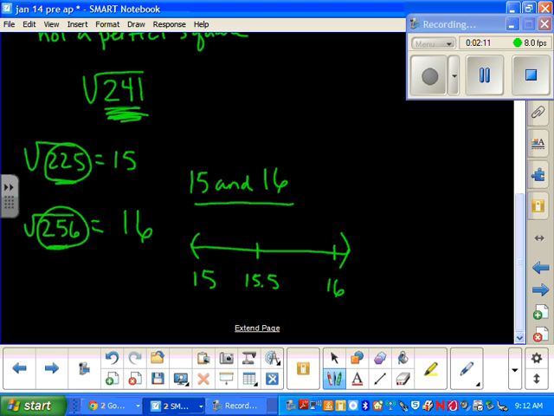I think it's closer to 256, so it's going to be closer to 16. So my answer has to be bigger than 15.5. If I was going to estimate this, I could say 15.6, 15.7, 15.8. Probably wouldn't do 15.9, but it would still be considered correct. If you're looking for a multiple choice answer, just remember that it had to be bigger than 15.5 because it was closer to 16.